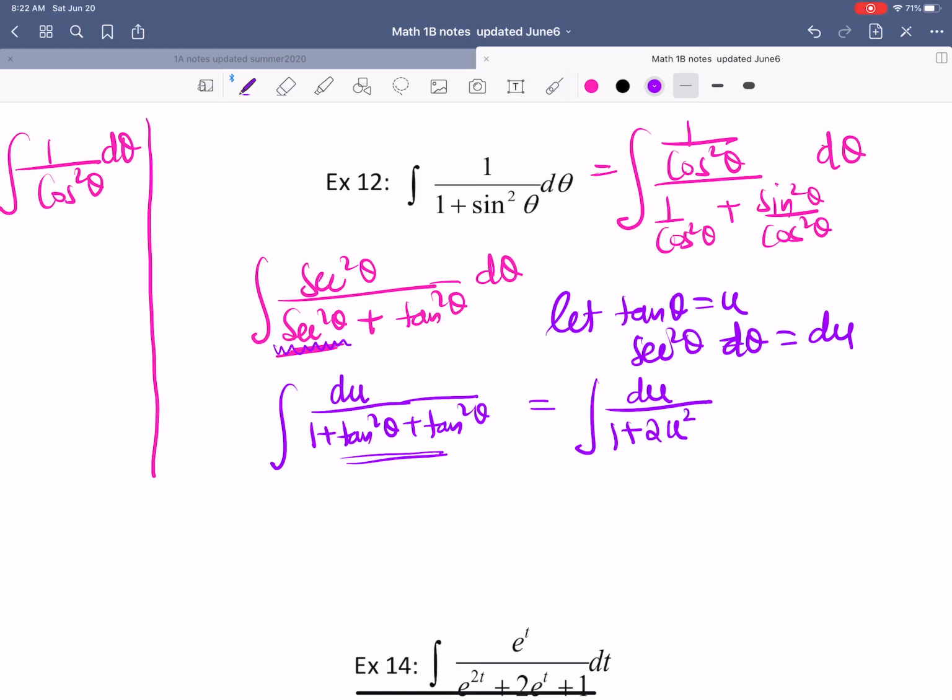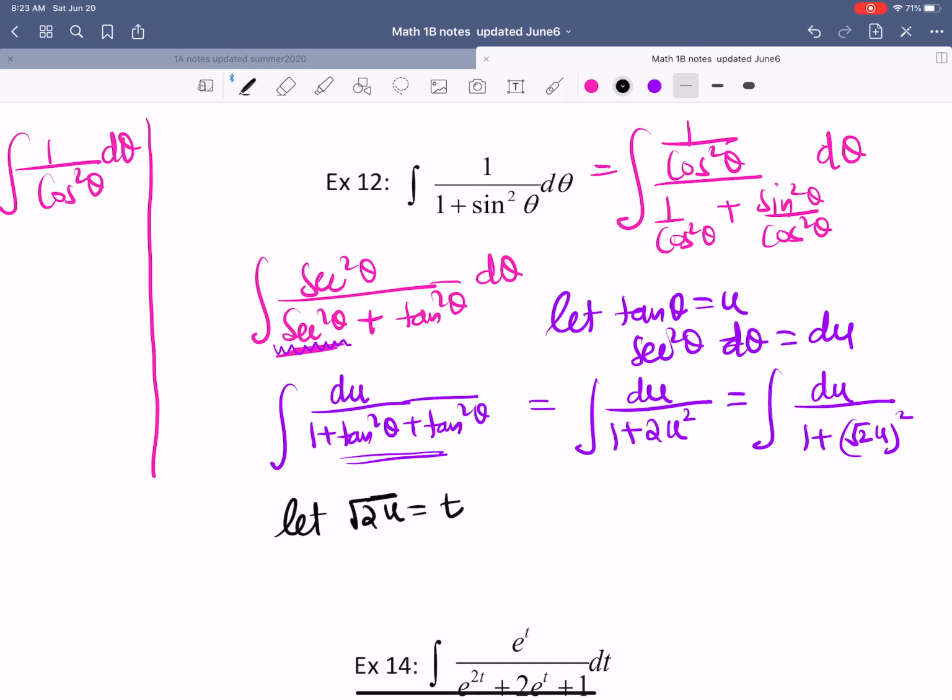So again, let's express it as du over 1 plus root 2u squared. Okay, looks somewhat like tangent inverse to me. We can do another substitution, or if you see the tangent inverse directly in there, go for that. If you don't see it directly, then you can let root 2u be t.